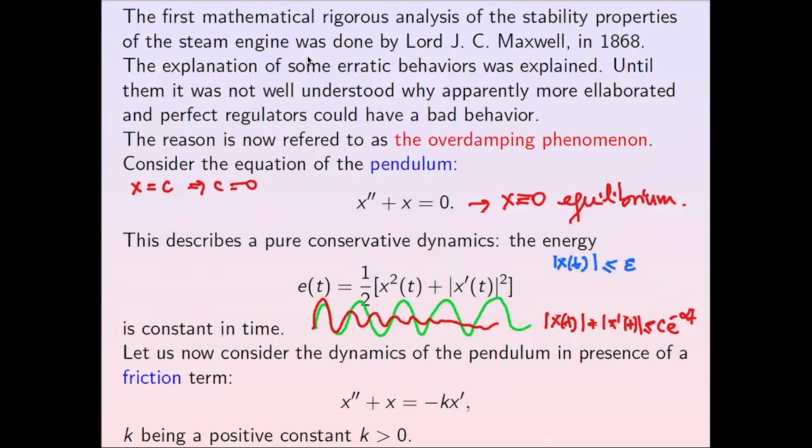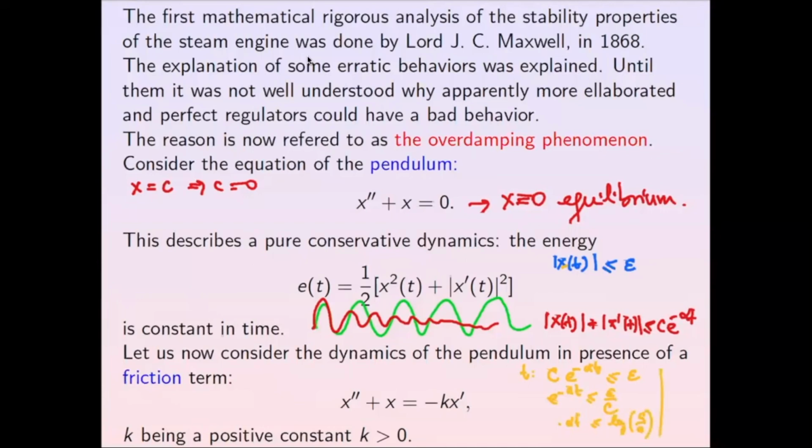Because if you tell me that you really need x to be less than a given epsilon, I will simply use this formula here, and I take t such that c exponential minus alpha t is less than epsilon. And this is something that I can always do by choosing t properly. Why? Because then I need exponential minus alpha t less than epsilon over c. This is minus alpha t less than the log of epsilon over c.